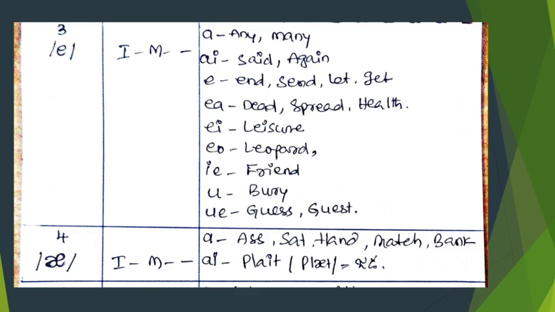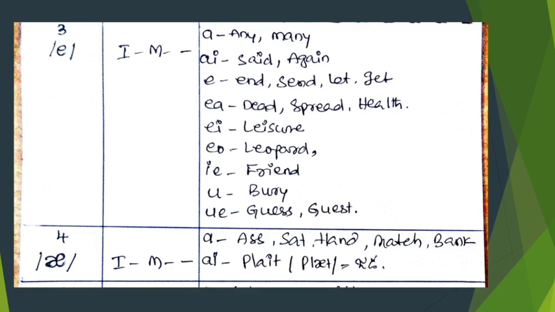With ea: dead. With ei, leisure. With eo, leopard. With ie, friend.